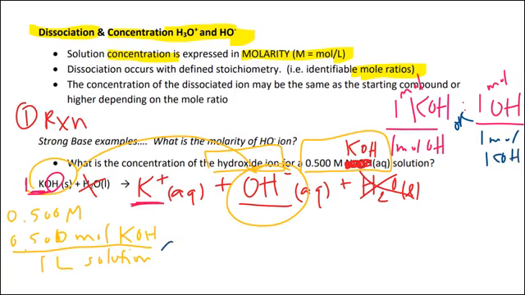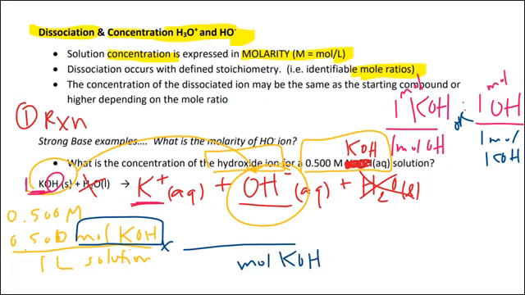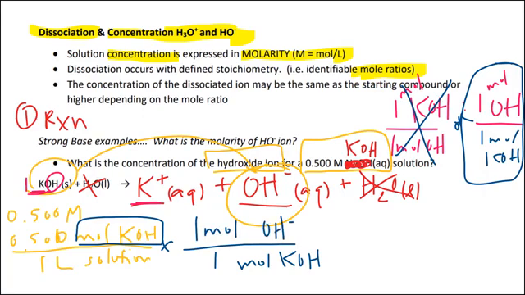So which one am I going to need to use here? Well, since I have moles of KOH on top, I need to have moles of KOH on the bottom, which means I need to use this ratio, not that one. So we just said 1 mole of KOH, and on the top, 1 mole of OH⁻, there should be a minus.